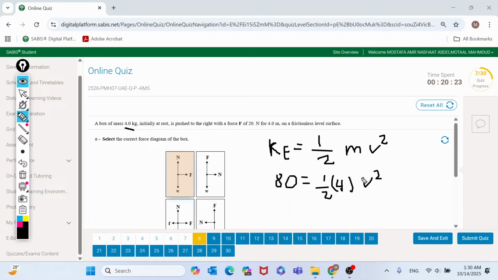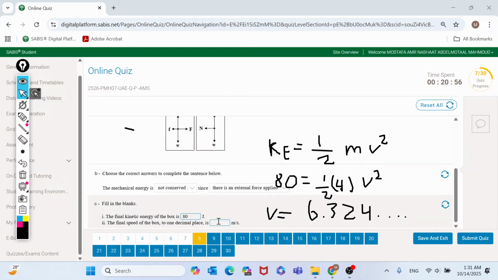If you put it on your calculator, give me 2 seconds. 80 equals 1 over 2 times 4 times v squared. You get v is equal to 6.324, and it goes on. To 1 decimal, that's 6.3.